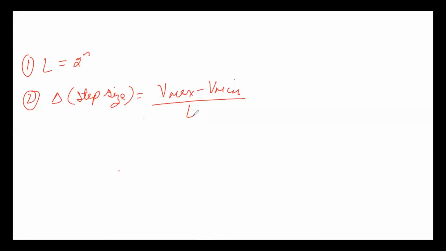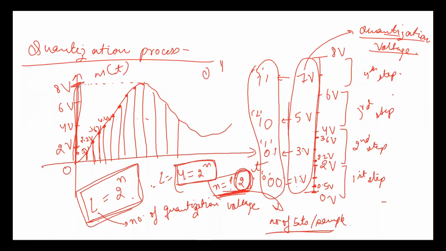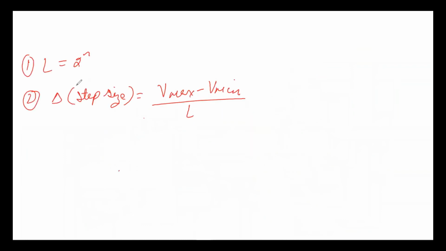Now, what is my V max in this example? V max is 8. The maximum value of the signal amplitude is 8 and the minimum value is 0, because our signal ranges from 0 to 8 volt. To find the step size, V maximum is 8 minus V minimum is 0, divided by L, and L is 4. This is 2 volt.